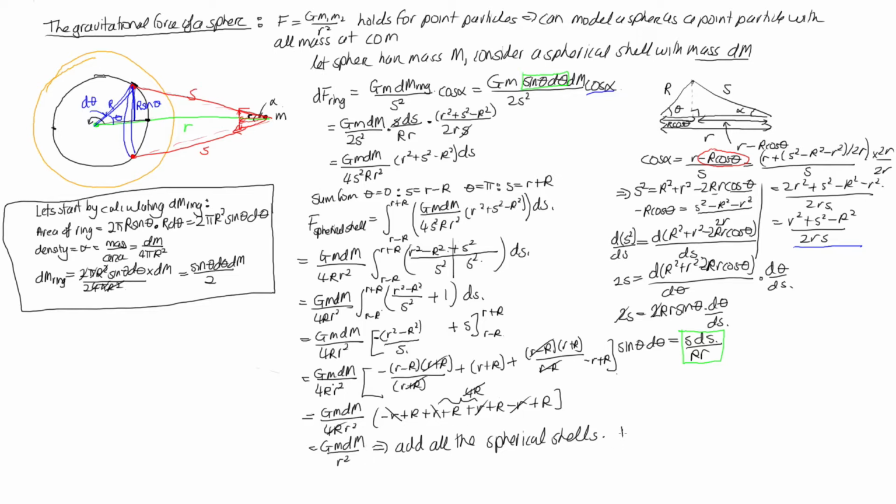So if I say that the mass of my total sphere is the sum of the spherical shells, then all I need to do is replace this dm with this M. None of these other terms change. So the force from the sphere is just equal to GMm over R squared. So now we've proved the shell theorem, and it's fine to go ahead and assume that for spherical planets, we can just model them as point particles with all the mass centered at that point in the middle.